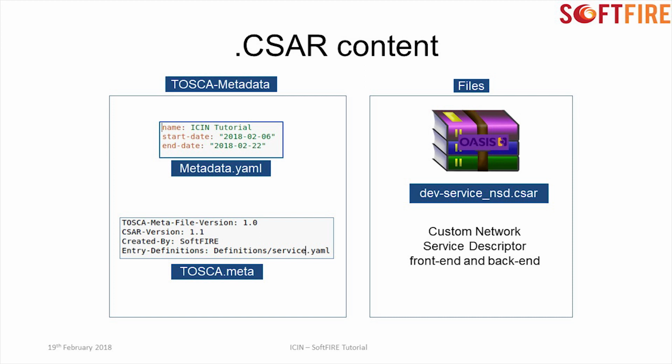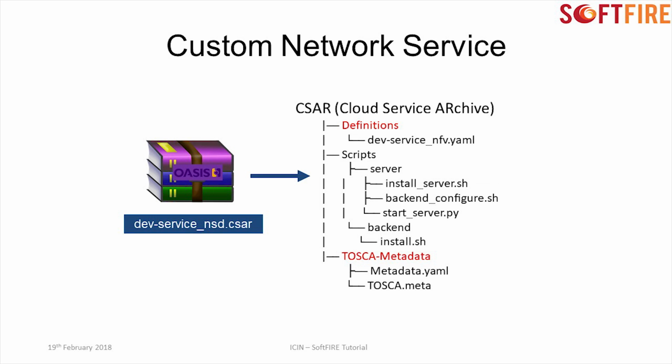Then in the files directory we have another CSAR that will contain the definition of the custom NFV resource. Also this CSAR has a similar structure to the previous CSAR, the outer CSAR.